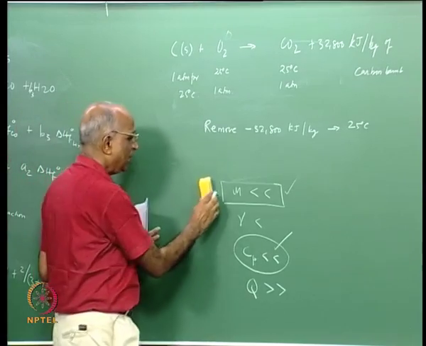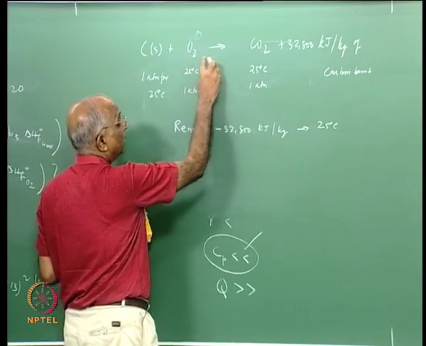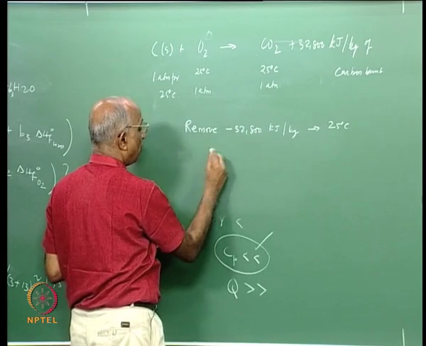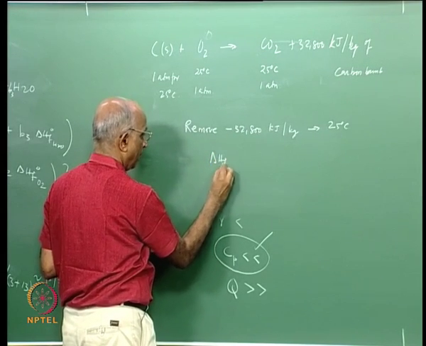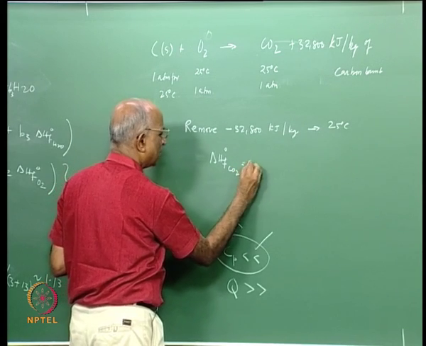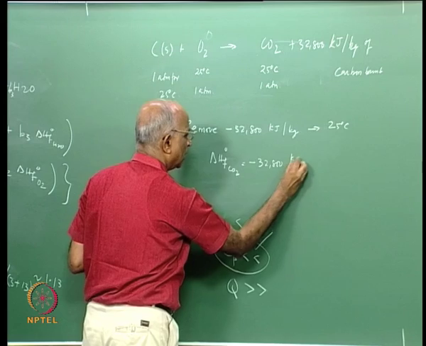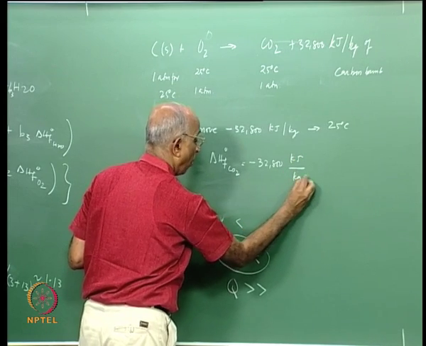Now therefore, the heat of formation should have a minus sign. When the reaction is exothermic, the heat of formation of carbon dioxide at standard state should be something like minus 32,800 kilojoules per kilogram of carbon burnt.